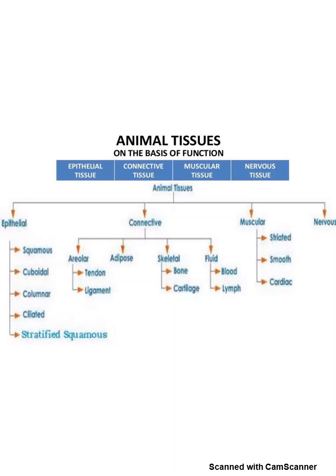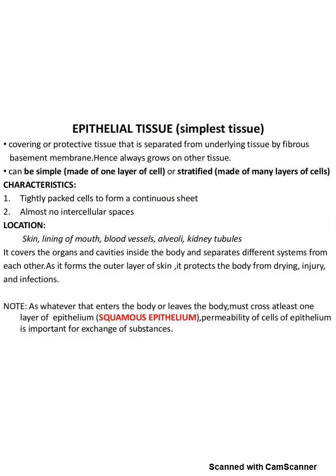As I told you, it forms the covering that is separated from underlying tissue by fibrous basement membrane, and based upon the number of layers, the characteristics are that they are tightly packed cells forming a continuous sheet. That is, the tissues join together to form a continuity, and there is no space present between these tissues.